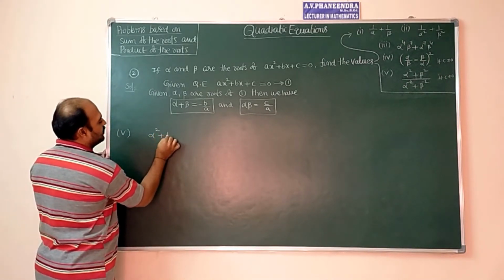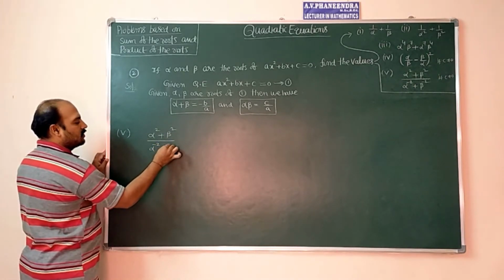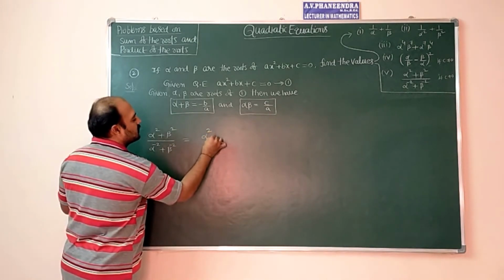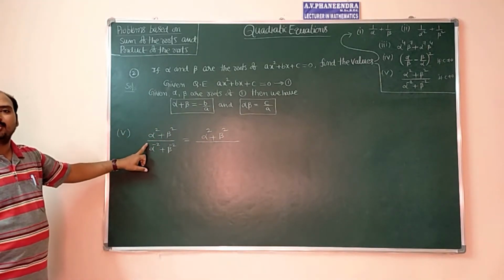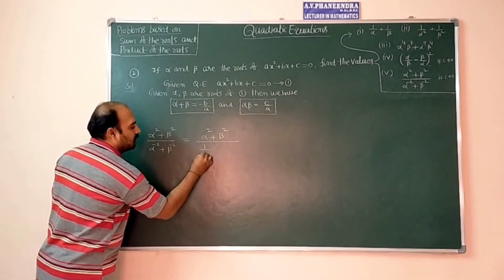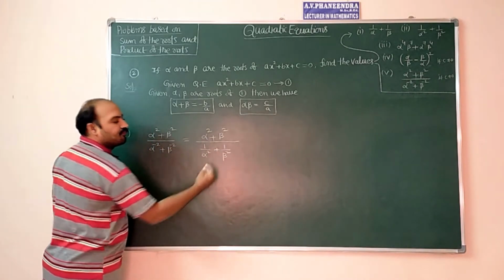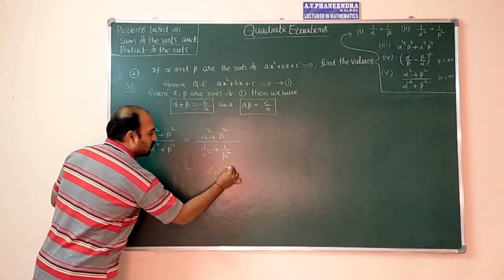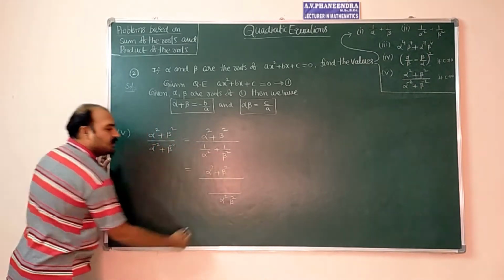Alpha square plus beta square divided by alpha power minus 2 plus beta power minus 2 equal to alpha square plus beta square whole divided by, x power minus 2 means 1 by x square, alpha power minus 2 is 1 by alpha square plus beta power minus 2 is 1 by beta square, which is equal to alpha square plus beta square whole divided by alpha square beta square, which is the LCM.